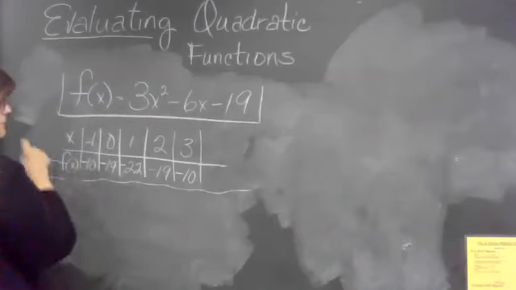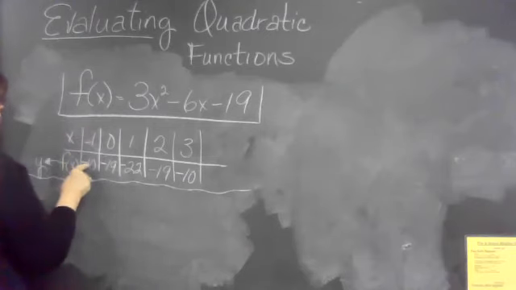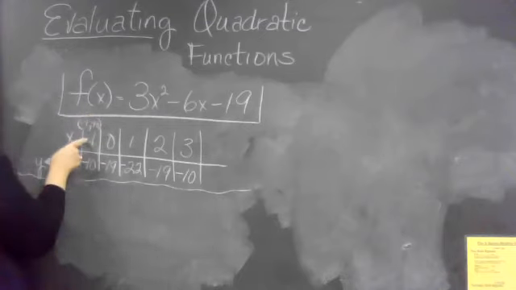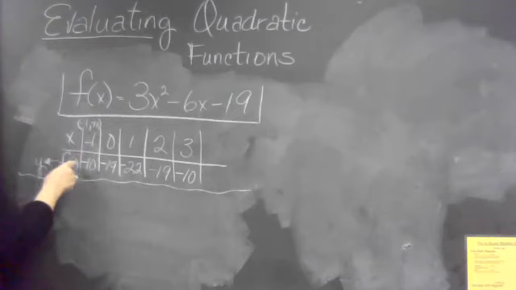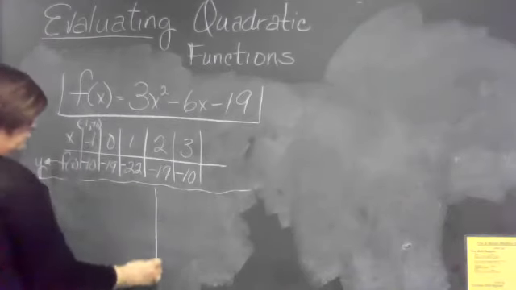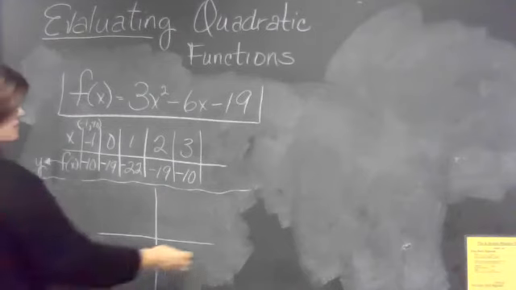This is a point on the graph. This point is -1, -10. The X goes first, comma, the Y goes second. This is a point on the graph. So we're going to just do an estimate here.